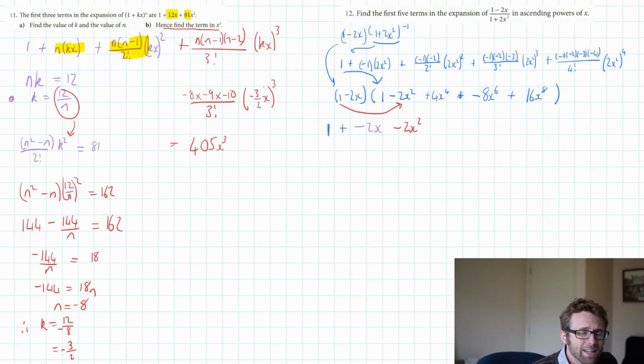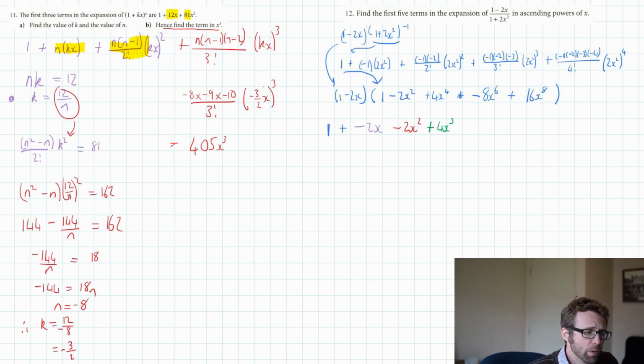Is there a way of getting another term, let's say an x cubed term would be the next one? So yes, you can see that if I multiply this and this, I'm going to get in that case a positive 4x cubed. Okay, and well, let's see, we've almost got our term, so I didn't need to expand as far as I was thinking, but that's okay.